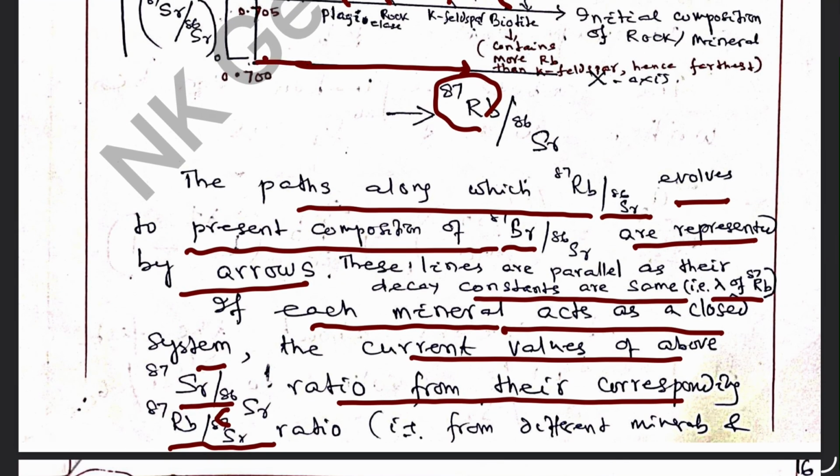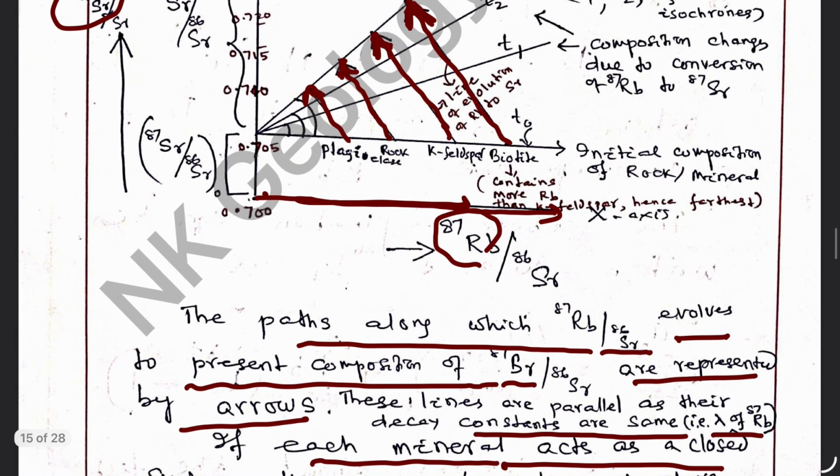So this is the line that indicates the concentration of rubidium 87, and we have the biotite, K feldspar, rock, plagioclases. In them the initial content of rubidium 87 is not fixed. That is found to be different as indicated by these initial points.